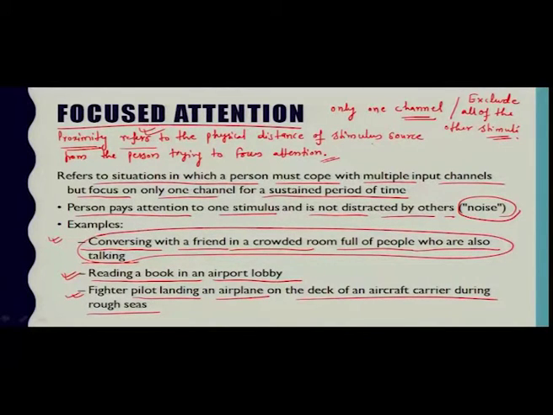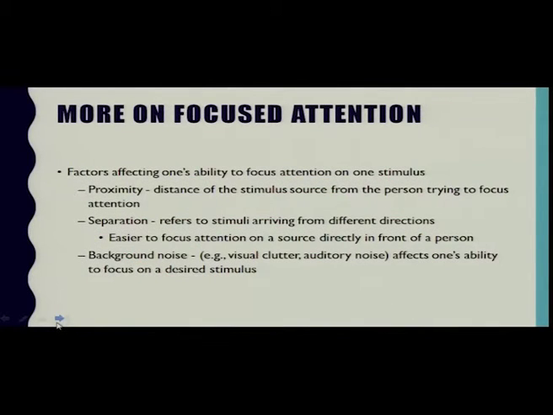So why am I talking about this proximity? Because these are the factors affecting one's ability to focus attention on one stimulus. So the proximity is the distance of the stimulus source from the person trying to focus attention. There is another factor affecting one's ability, that is separation.